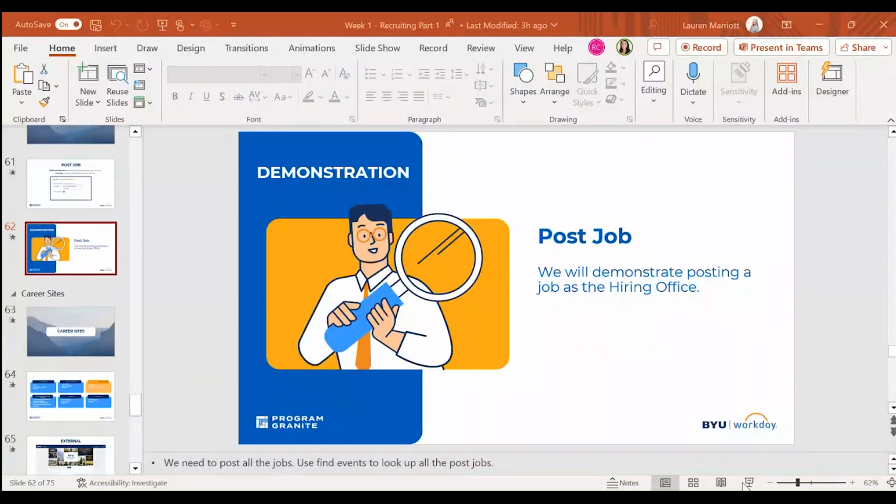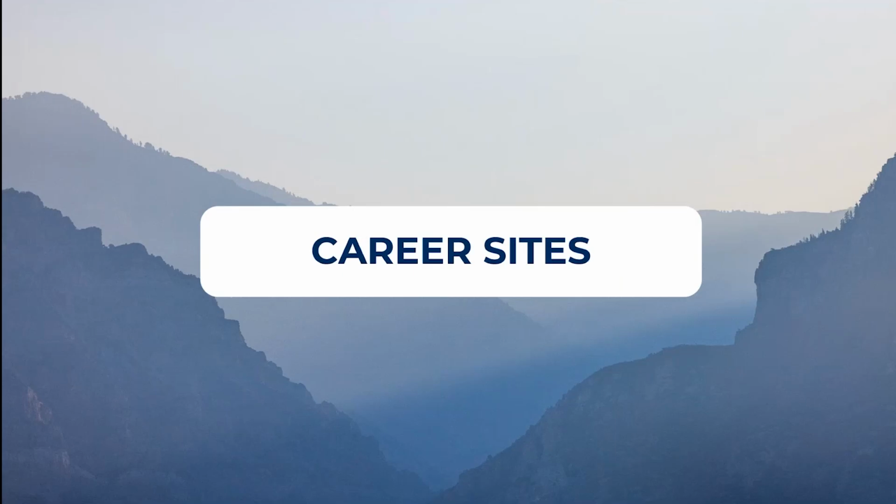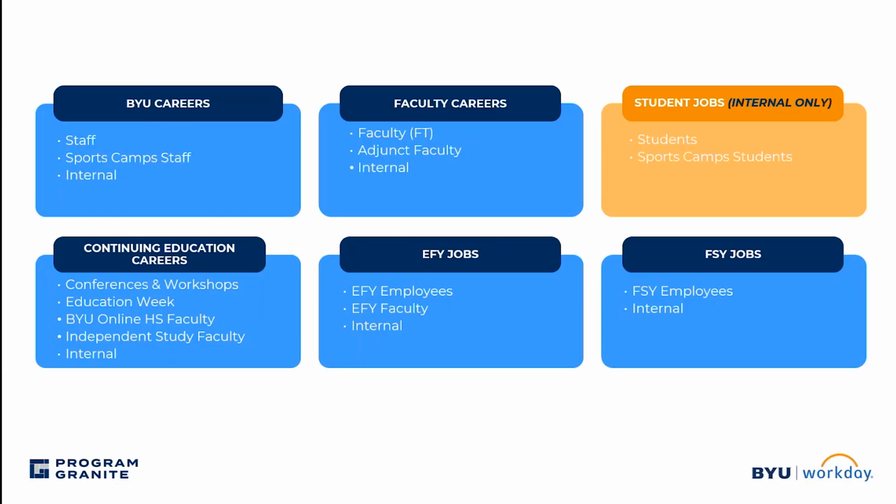All right, our last couple slides. Let's talk about career sites. We've narrowed down our career sites, but we have specific ones for BYU careers, faculty, and a student job site that's only going to be internal. So an internal job site, and we're going to take a look at that.